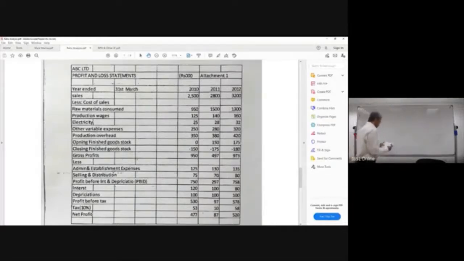The first ratio is the fixed assets turnover ratio. Fixed assets turnover ratio is sales divided by net average fixed assets.